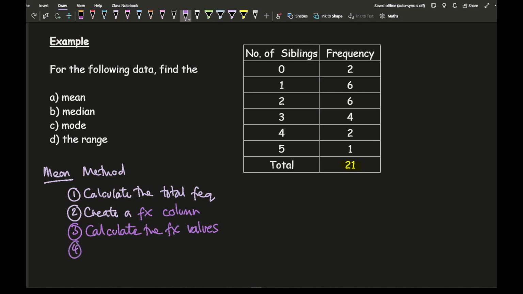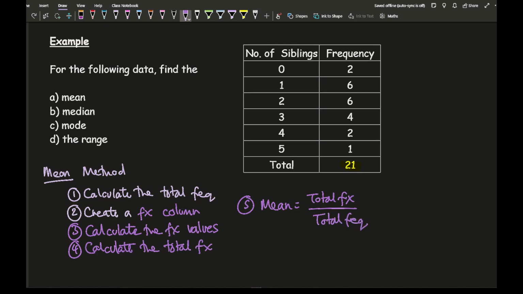Step 4 is then calculate the total fx, and then step 5 is that the mean is equal to the total fx divided by the total frequency. So now let's go through what these steps all mean.